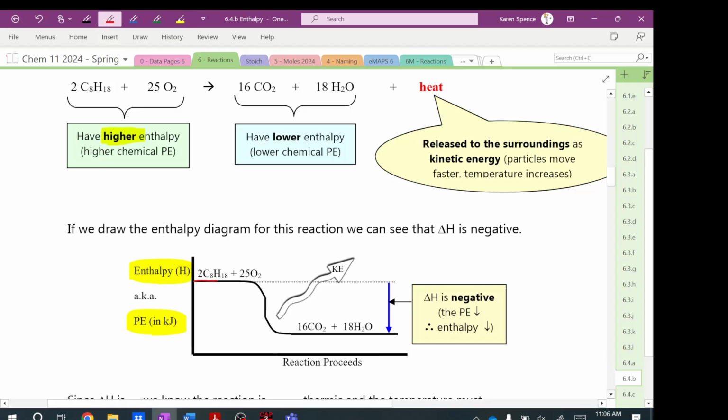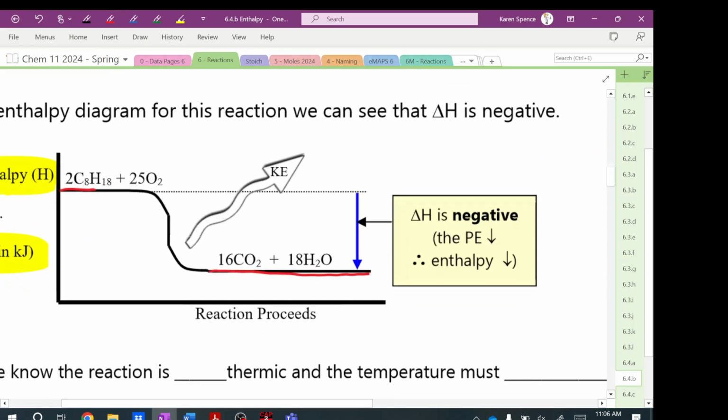Here's our reactants. Our products have a lower enthalpy. And if we draw an arrow from the start to the finish, that arrow points which direction? Down. If the arrow points down, is that an increase or a decrease? That is a decrease.